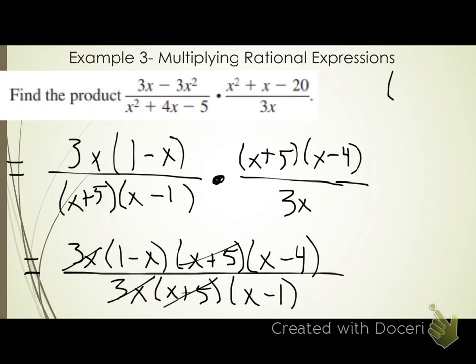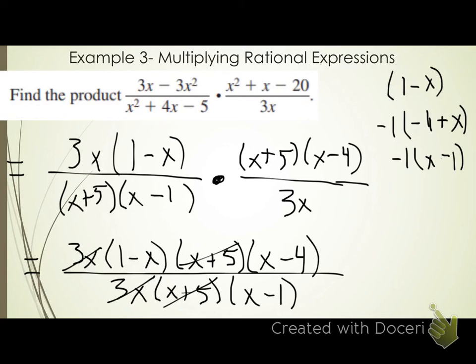Because if I factor out a negative 1 from 1 minus x, negative 1 times what would give me 1? Negative 1. Negative 1 times what would give me negative x? X. So that'd be negative 1 times x minus 1.